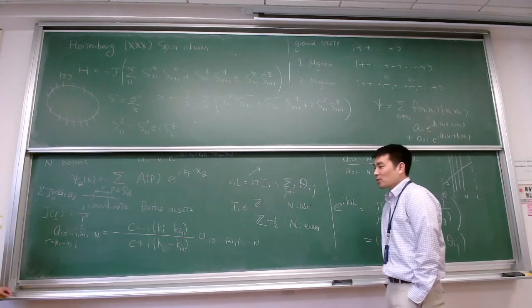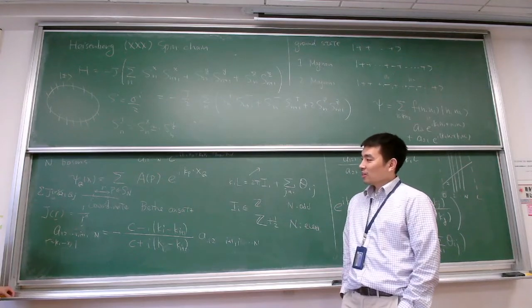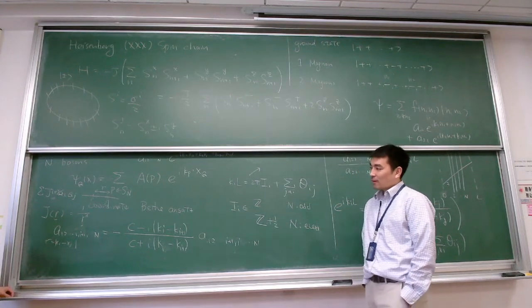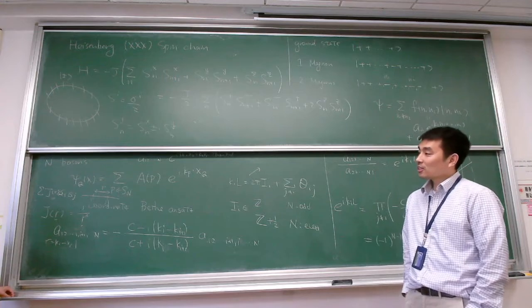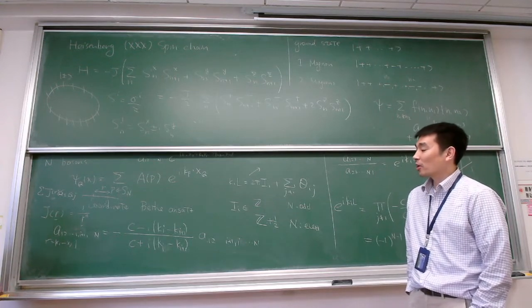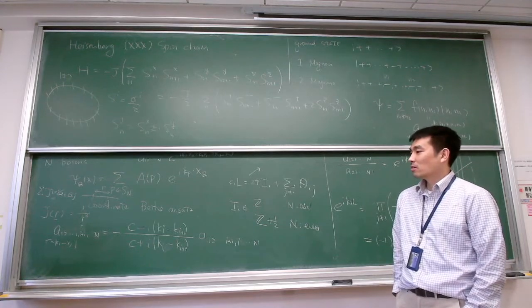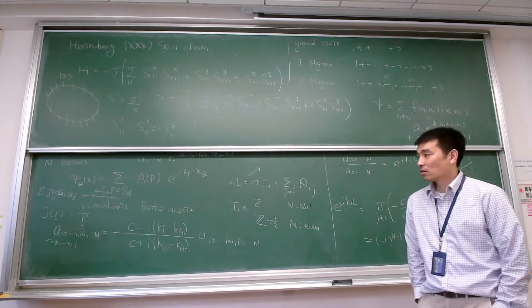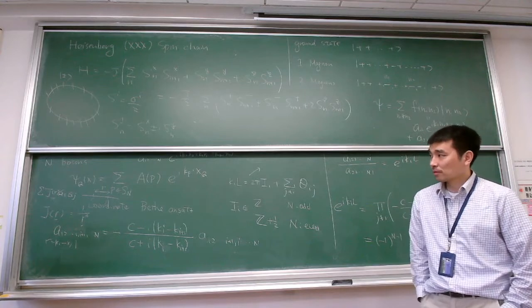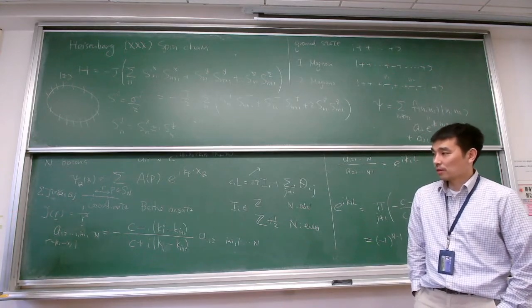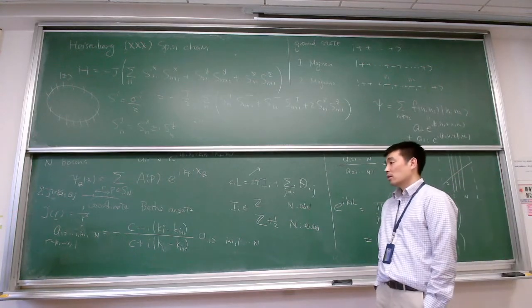But if it is a critical point, is there a chance? Is there some CFT? I don't know which one it is. Actually, the phase transition in this model is KT phase transition.